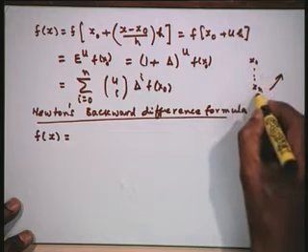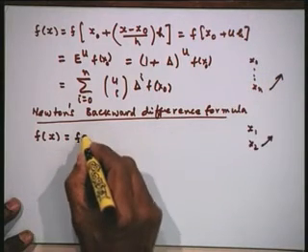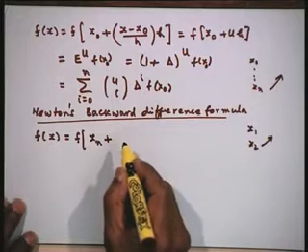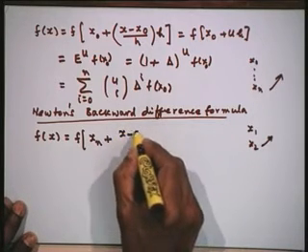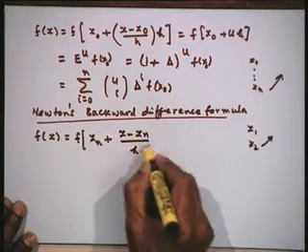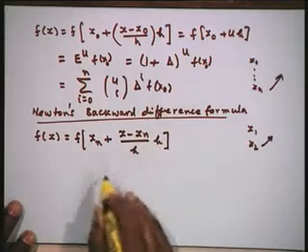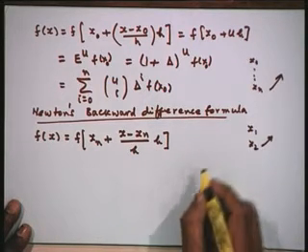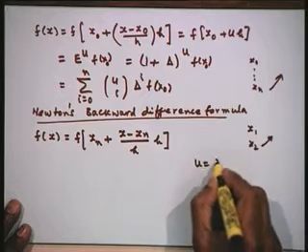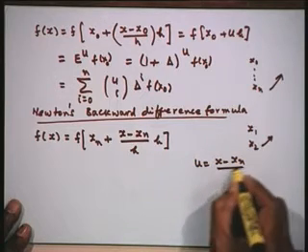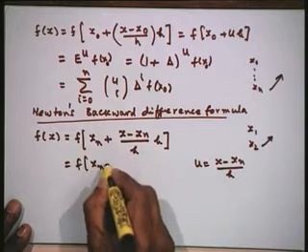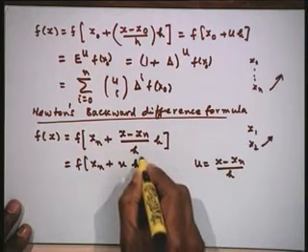So I will write this as f of xn plus (x minus xn) by h into h. Now let us set again u equal to (x minus xn) upon h, then this will be f of xn plus u h.